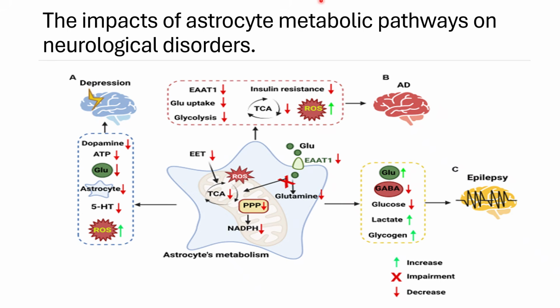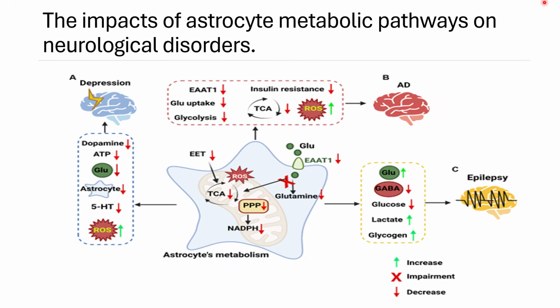Looking at this diagram, metabolic pathway signaling was impaired in astrocytes, such as the glutamate uptake pathway, the glycolysis pathway, the TCA cycle, and there was even reduction in insulin resistance. But in all, there was an increase in reactive oxygen species.